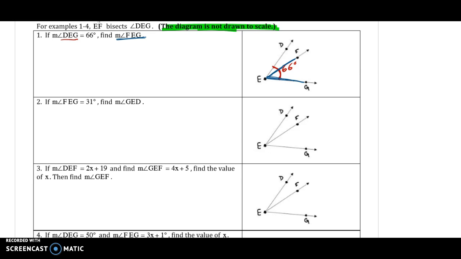So the only work we need to know is that 66 divided by 2 is 33 degrees. Therefore, this one is 33, and this one is 33. So the measure of angle FEG equals 33 degrees.